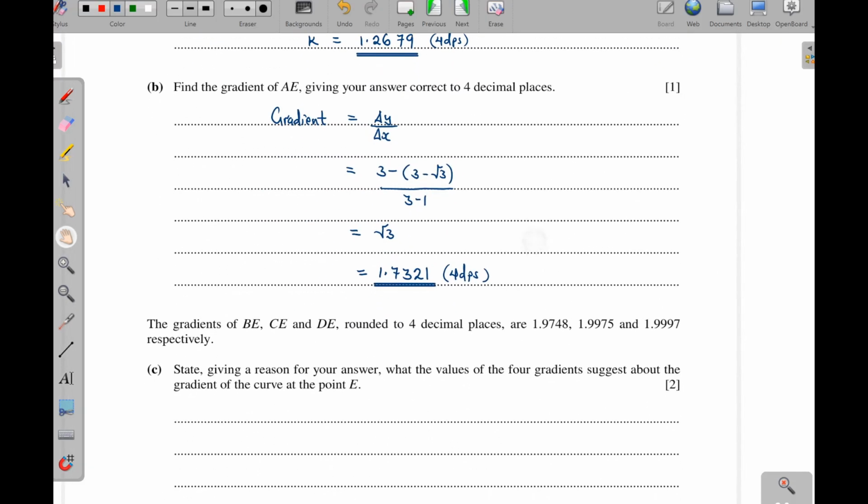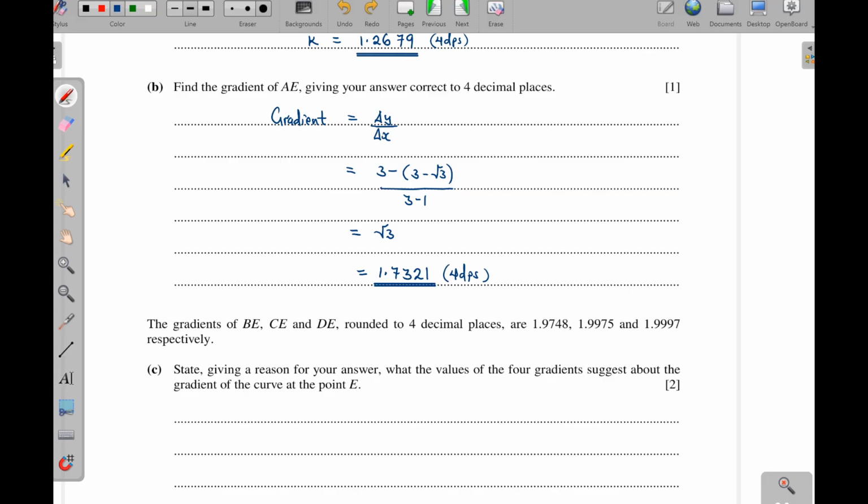Then next, they are saying that the gradients of BE, CE, DE, rounded to 4 decimal places are these ones here, respectively. And part C, state, giving a reason for your answer, what the values of the 4 gradients suggest about the gradient of the curve at the point E. Okay, now what do we have here?